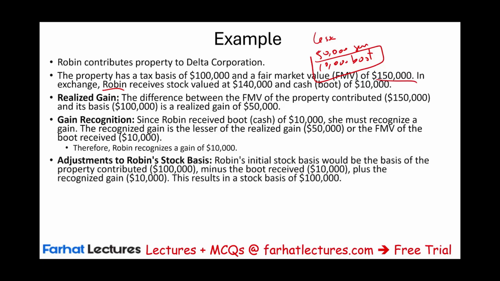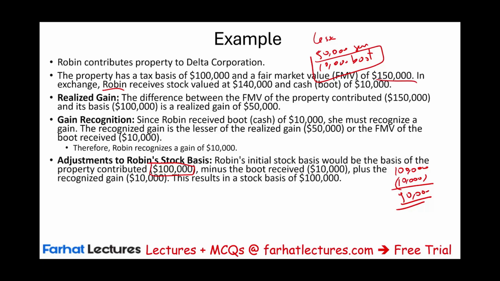So basis, Robin's initial basis will be the basis of property contributed, 100,000. But since Robin received 10,000 in boot, the basis minus the boot received is 90,000.